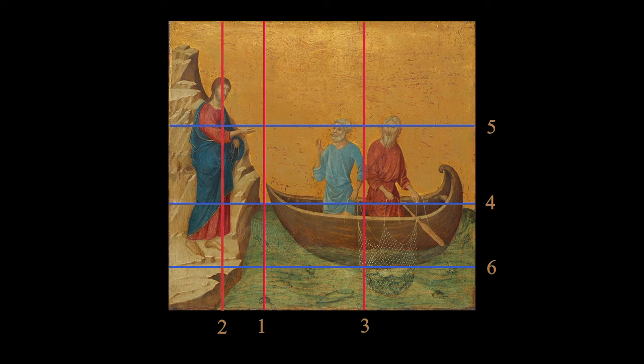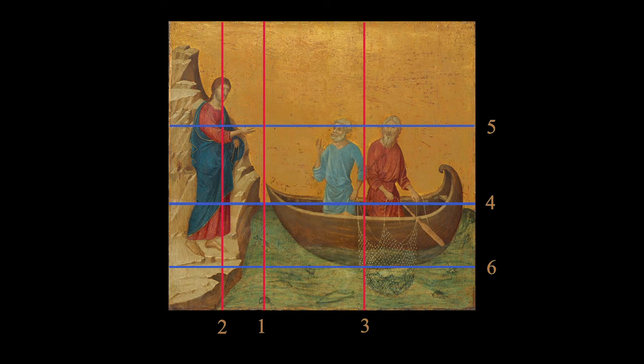Line 2, congruent with the vertical axis of the figure of Christ, divides the left space at the mean extreme ratio. Line 3, positioned between the apostles, divides the right space into two equal portions symmetrically.